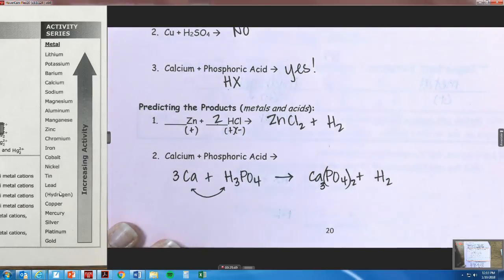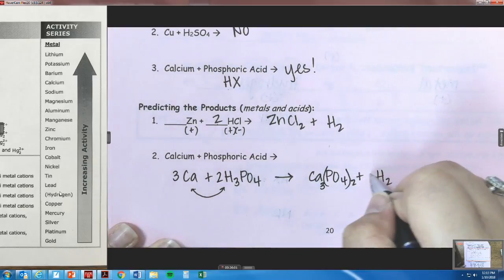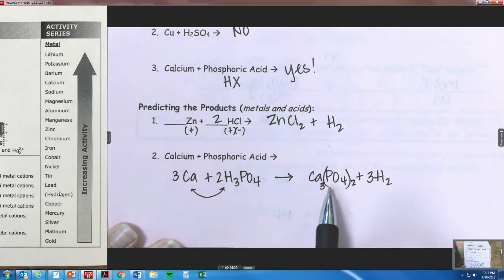So I'm going to have a 3 for my coefficient for calcium. Hydrogen: if you ever have a 3 and a 2, I'm just going to be honest with you, just switch them. So this is going to be 2, this is going to be 3. So now I have 6 hydrogens, 6 hydrogens. PO4, I have 2 PO4s, and I have 2 PO4s here as well.